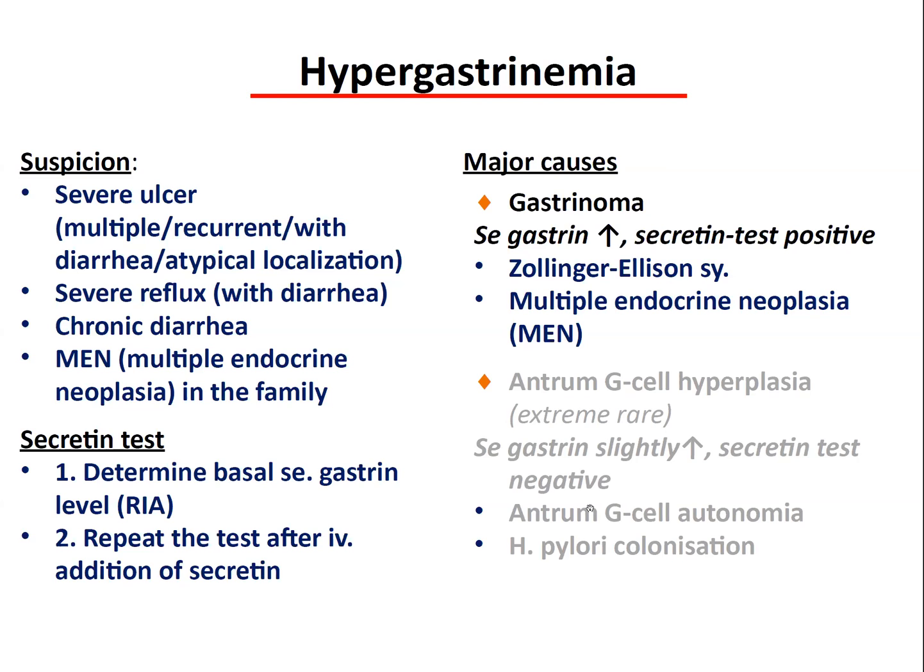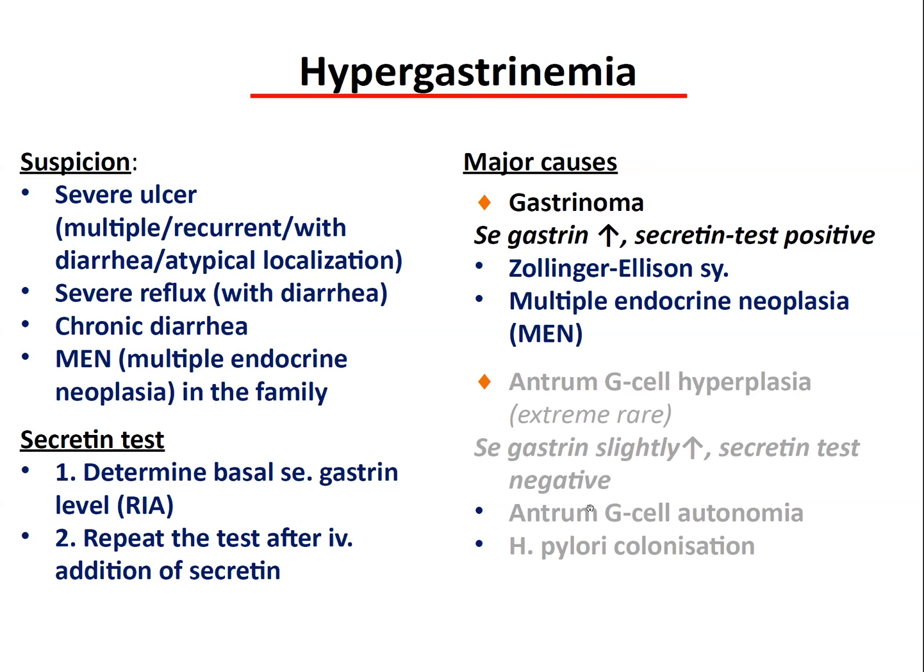Now, when are you suspicious about hypergastrinemia? If the patient has a severe ulcer complication, usually recurrent ulcers or multiple ulcers with diarrhea or atypical localization, severe reflux, such as very severe and chronic GERD, and some other signs of endocrine disorders, such as, for example, parathyroid hormone level, thyroxine hormone level, and growth hormone level can be associated with this one.